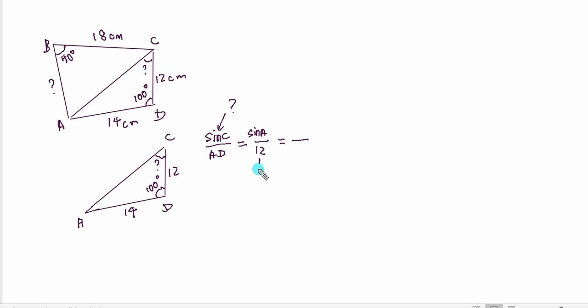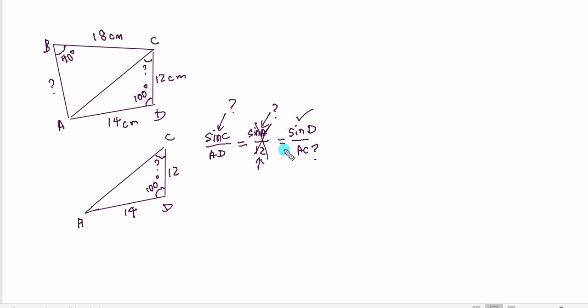You have 12 given, but the angle is unknown, so this is out. What about the other pair, sine D and then length AC? Sine D, the angle D you know, but AC is unknown.